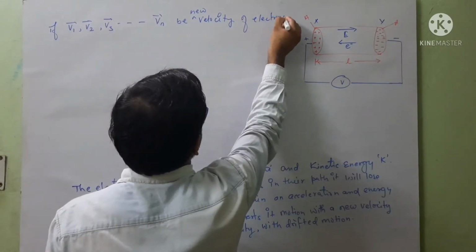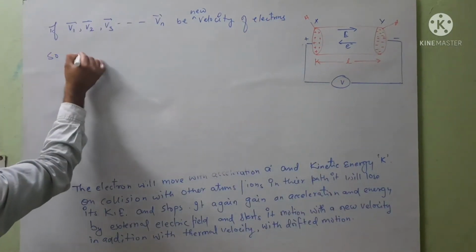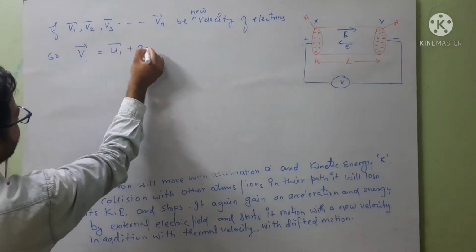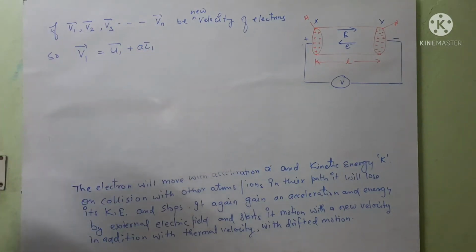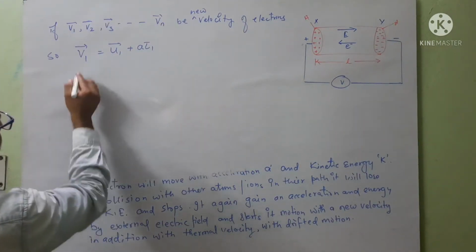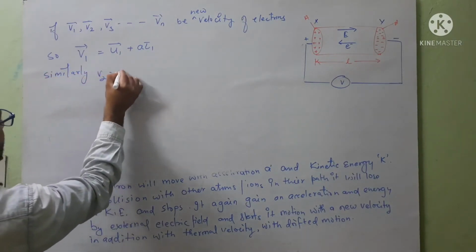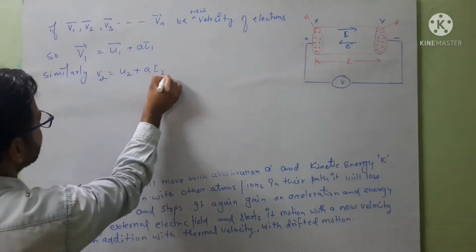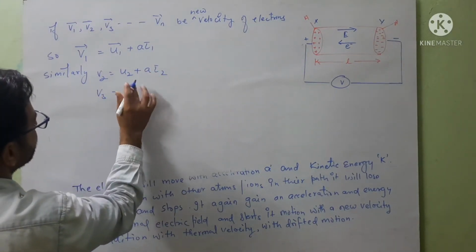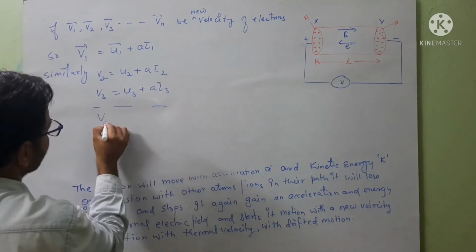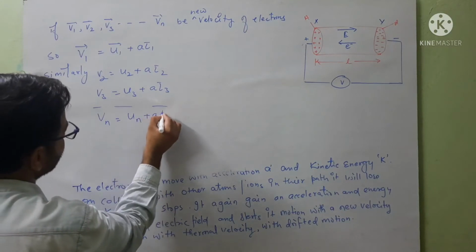So v1 can be written as u1 plus a tau 1, where tau 1 is the time elapsed, or the time taken between two successive collisions by the first electron. Similarly, v2 is equal to u2 plus a tau 2, v3 is u3 plus a tau 3, and so on. Vn is equal to un plus a tau n.